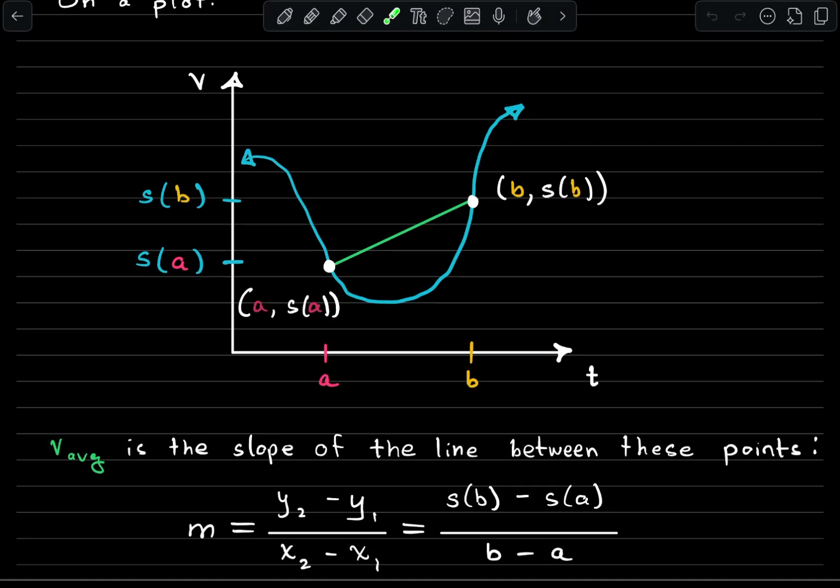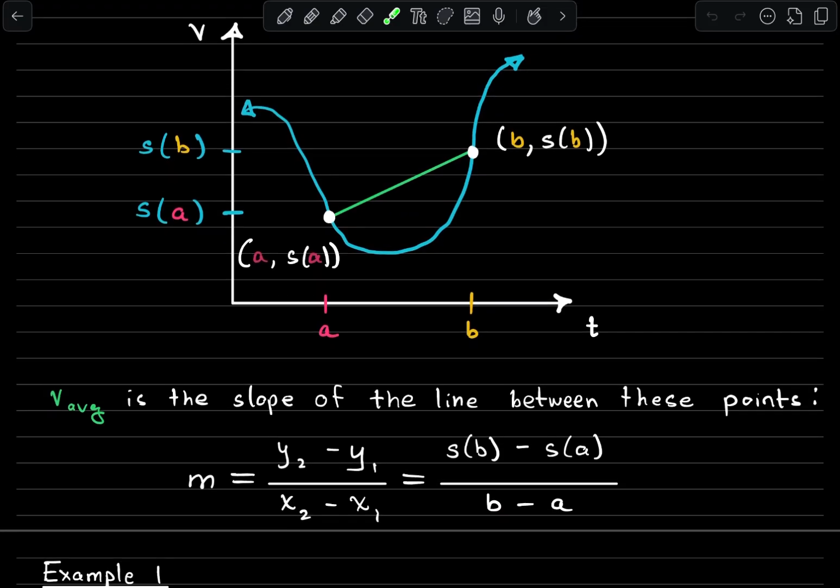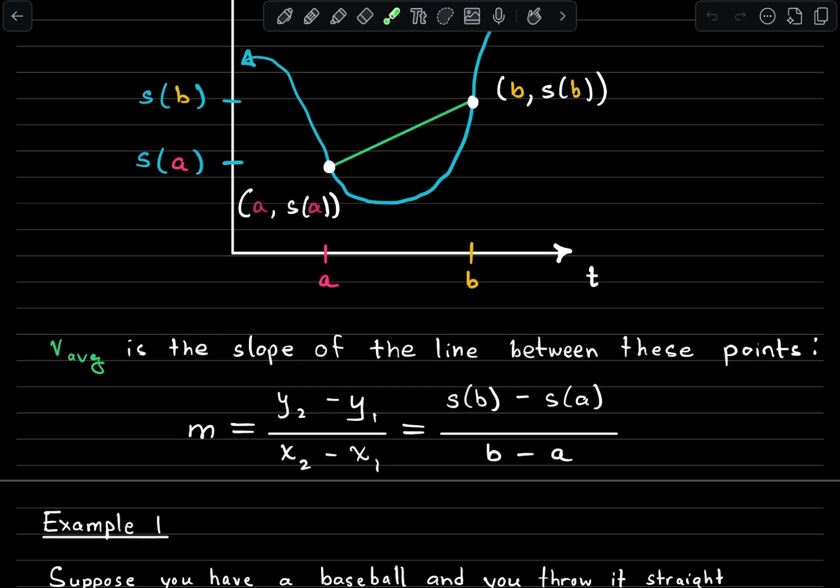So the average velocity is really just the slope of the line between these two points. And the slope of the line formula, if you remember, is y2 minus y1 divided by x2 minus x1. That's exactly what we're doing here. So we're taking y2, which is s of b, minus y1, which is s of a, and dividing by x2, which is b, minus x1, which is a. So this is going to give us the average velocity.